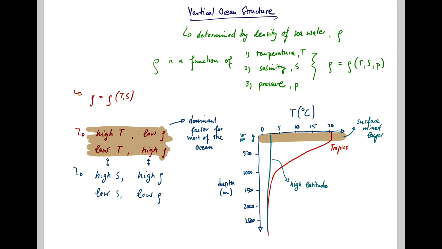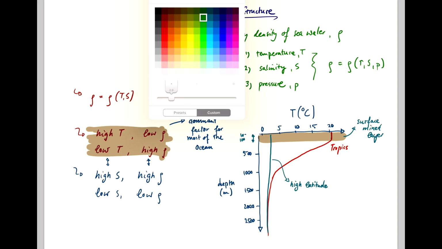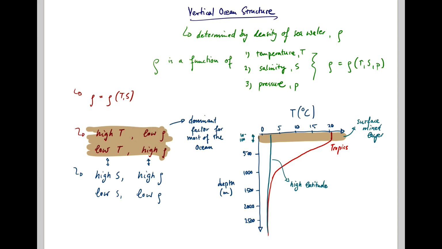Now in the mid-latitudes, things vary a lot with the seasons. So here in the mid-latitudes, in the winter, you might cool down the surface to 10 degrees or so. And then that can, in the summer, warm up this whole region up to 15 degrees, for example, depending where you are.